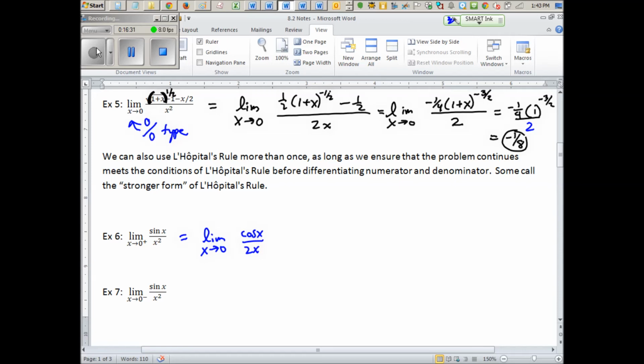So this is basically, look, I'm going to plug in a small positive number like 0.001. Well, the top is going to come out very close to 1, and the bottom is going to come out very close to 0. So let's say you plug in 0.001. You're going to get something really close to 1, divided by 0.002. And that means this is getting big, really big.